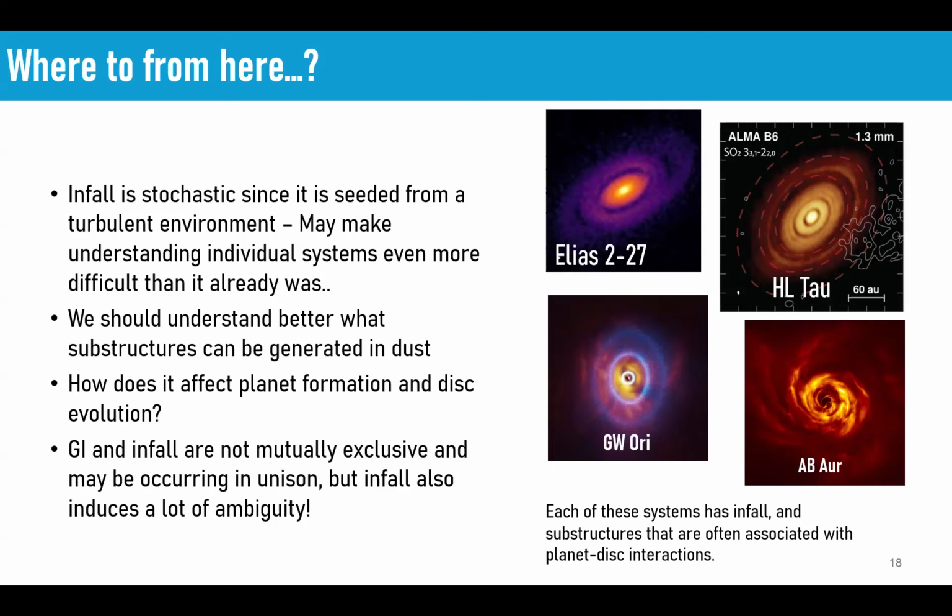Is the disk always locally gravitationally unstable when the streamer hits the disk? I didn't really look at this because I never included self-gravity in this simulation, but the disk mass by my assumptions is not high enough in general.